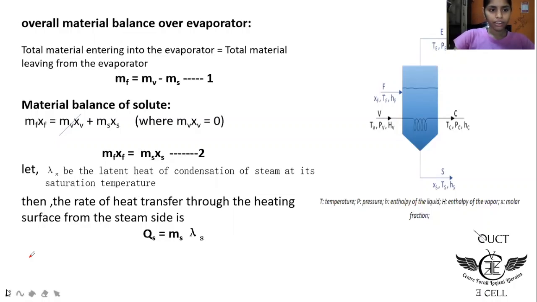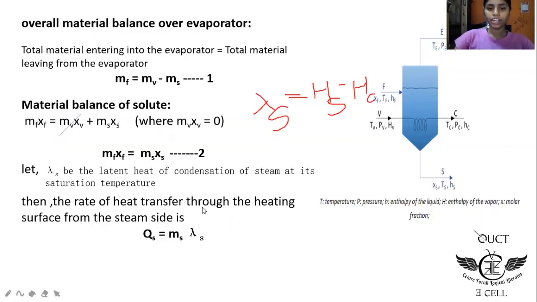Lambda S is equal to HS minus HC, that is, the specific enthalpy of the saturated steam minus the specific enthalpy of the saturated water, or the condensate.